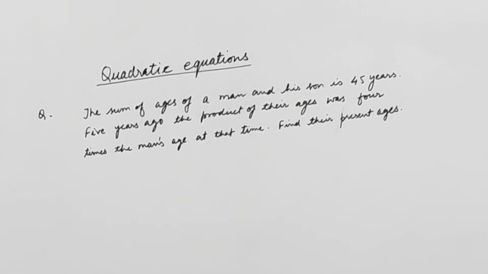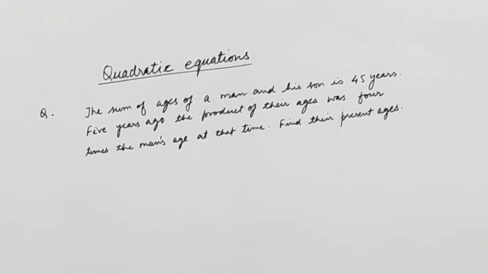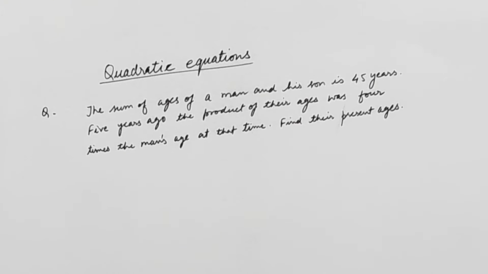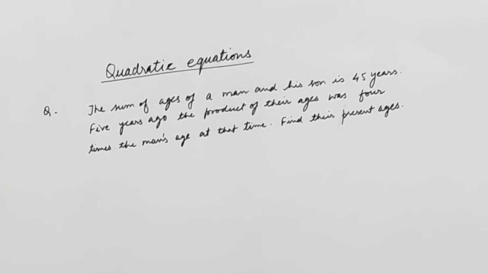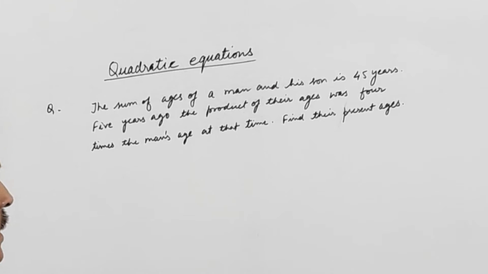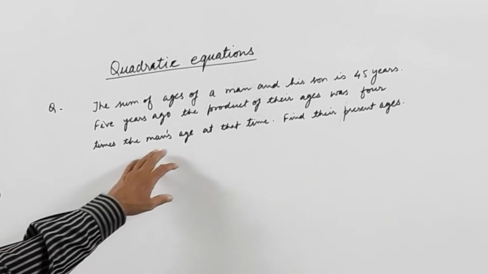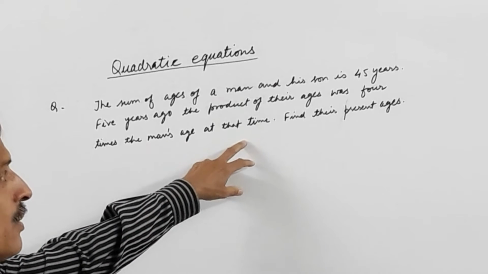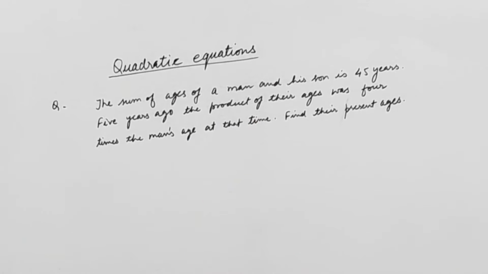In this question, the sum of ages of a man and his son is 45 years. 5 years ago, the product of their ages was 4 times the man's age at that time. Find their present ages.